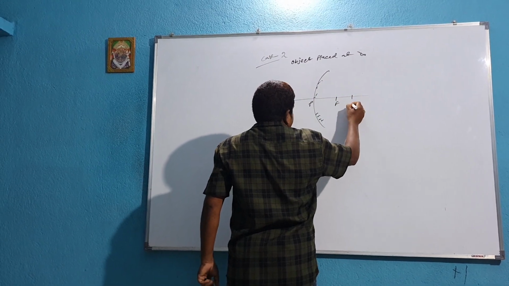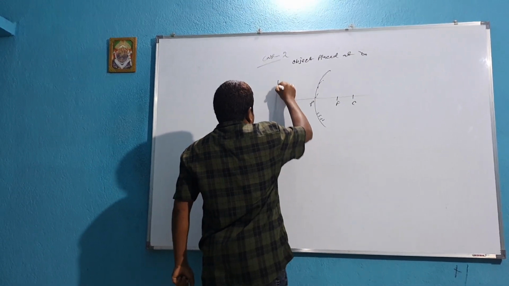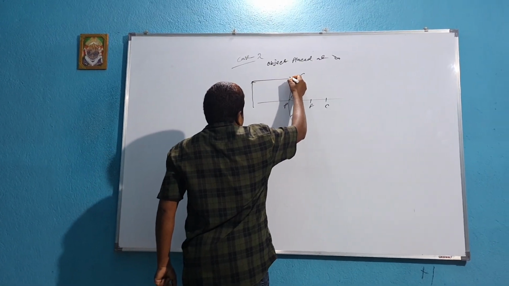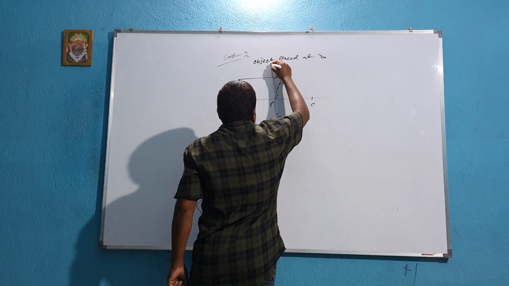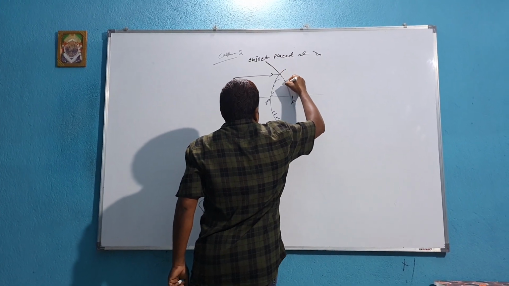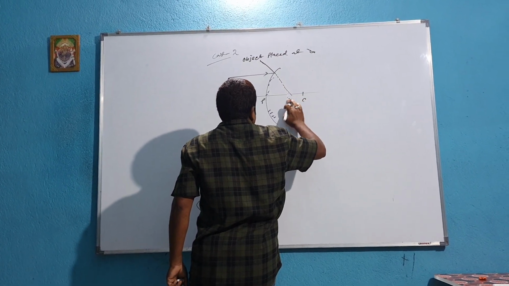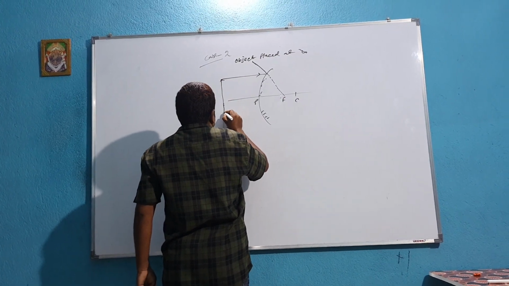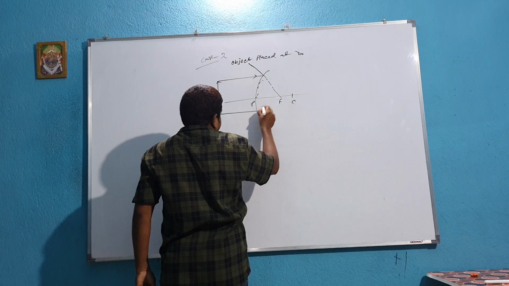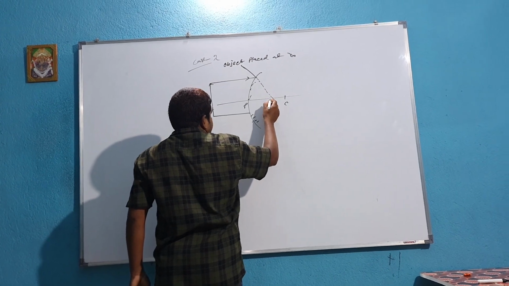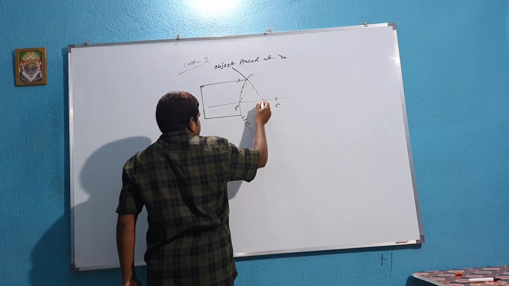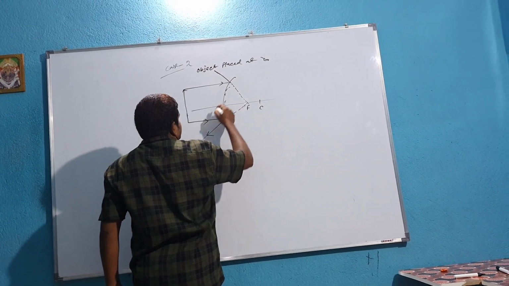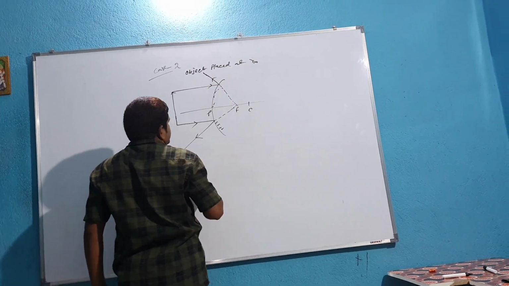P, F, C. We cannot place it here. The first line is parallel, and it appears to come from the focus. The second line we also draw parallel, and it also appears to come from the focus.